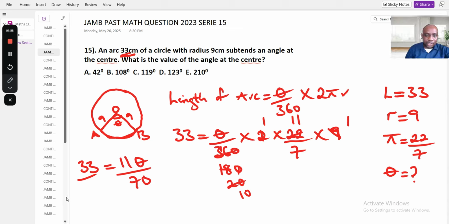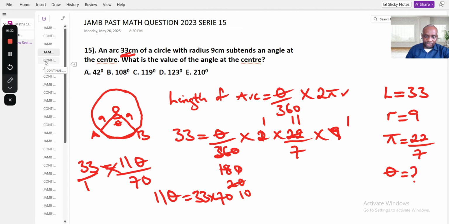The next thing we are going to do here is cross multiplication. Multiply this by this and this by this. 11 multiplied by 1 gives 11, which is the angle. 33 multiplied by 70. Let me go to the next page. I don't want to clean this space up. This space is occupied so that we have enough space.